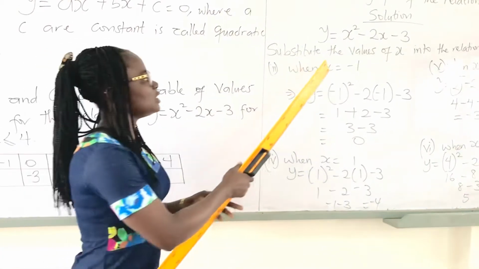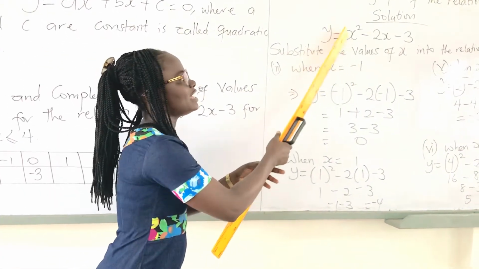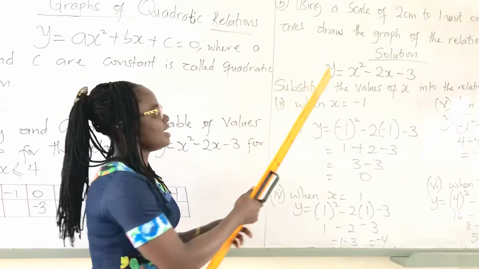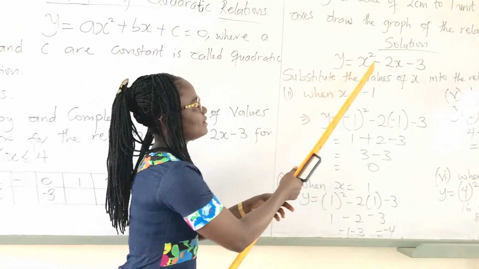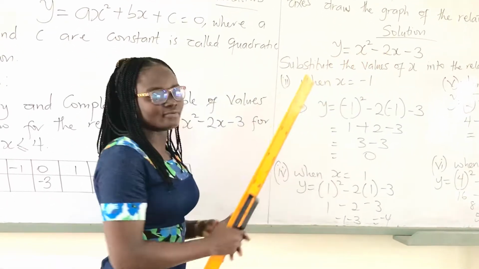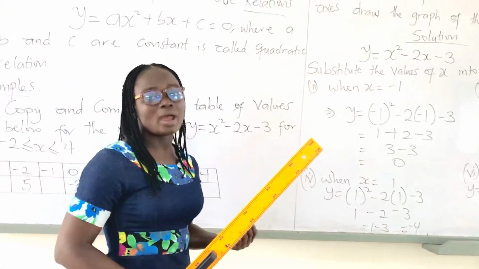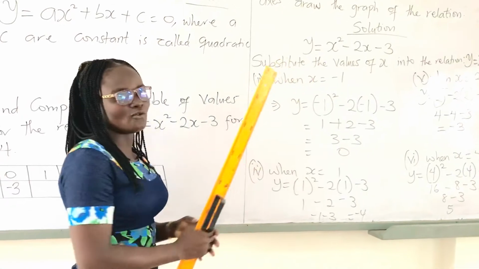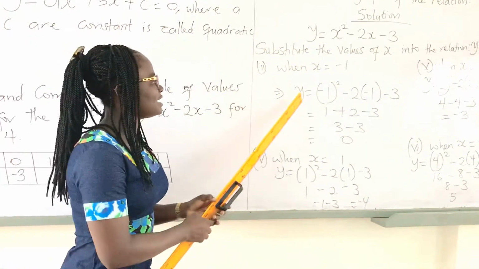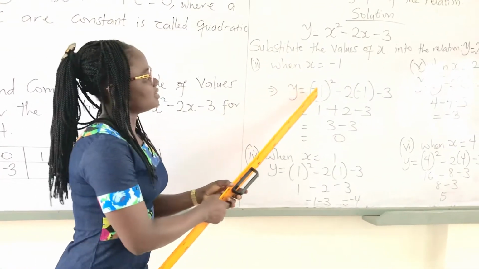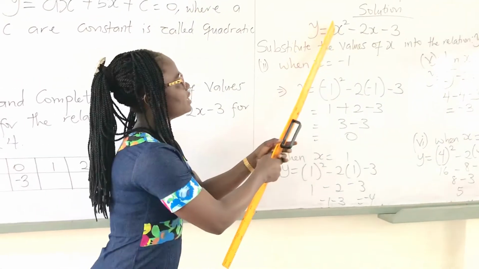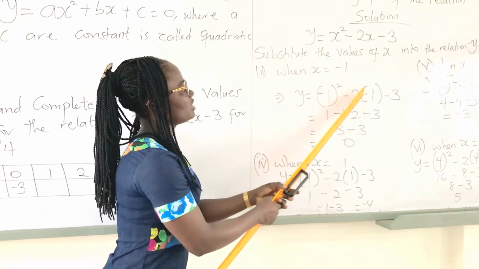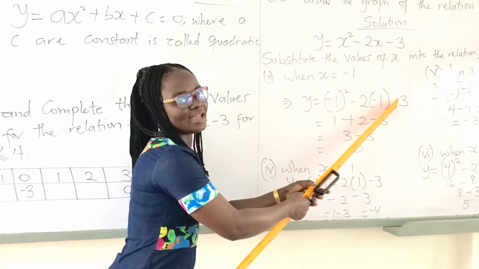We substitute x equals -1 into our relation. Wherever you see x, we put -1 over there. So we are going to get y equals -1 all squared minus 2 times -1 minus 3.